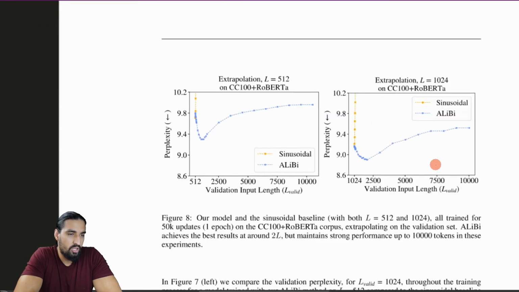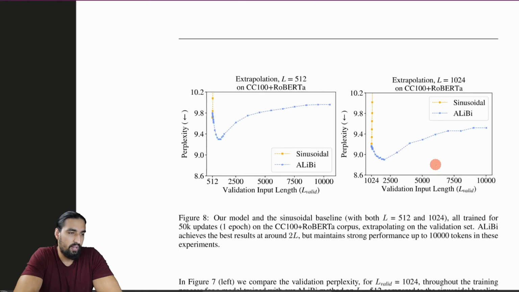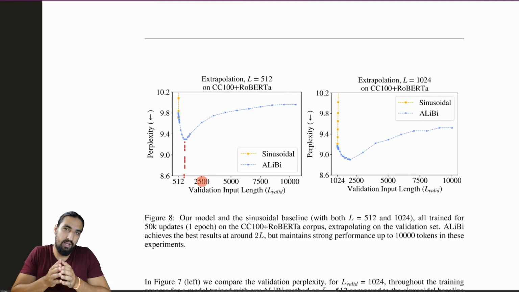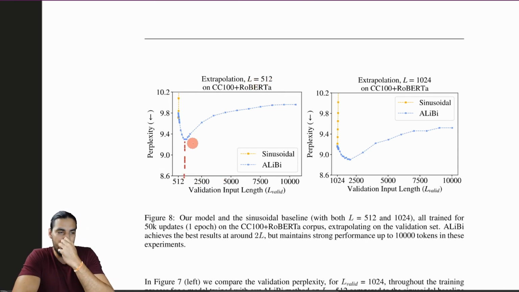Final results here, they show that basically there is this local minimum where the minimum actually lies somewhere around 2 times the input sequence length that was used for training. So if the model was trained on 512, the minimum is around 1024. And that's interesting.